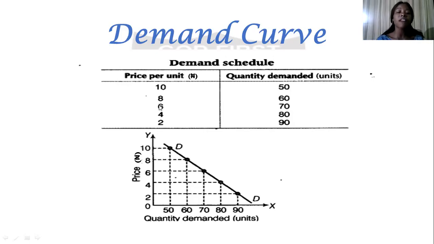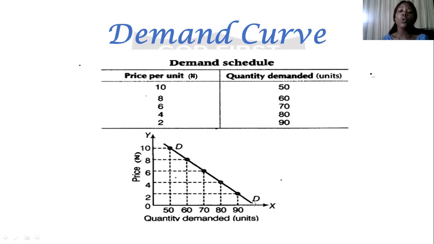Now, if you plot a graph of price against quantity of a commodity demanded, you notice that the curve moves from up to down.